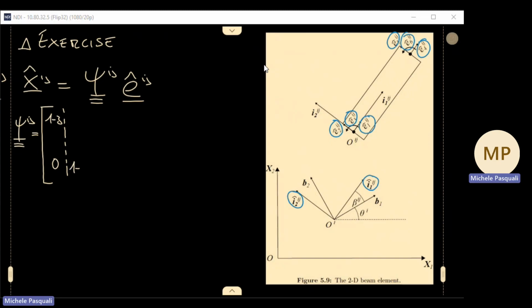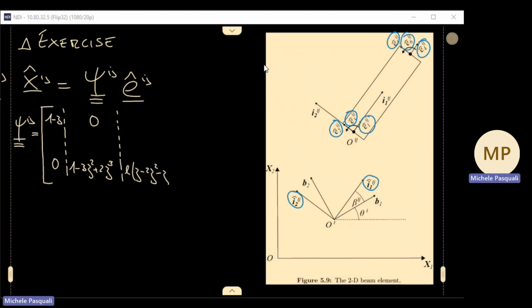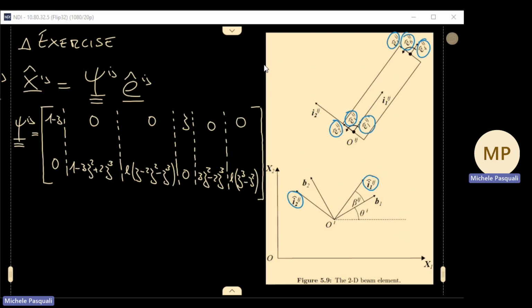Then 1 minus 3 zeta squared plus 2 zeta to the third, 0, L applied over zeta minus 2 zeta squared minus zeta to the 3, zeta 0, 3 zeta squared minus 2 zeta to the third, 0, and then 0 here, and L applied over zeta to the third minus zeta squared. Okay, this is just a reminder.